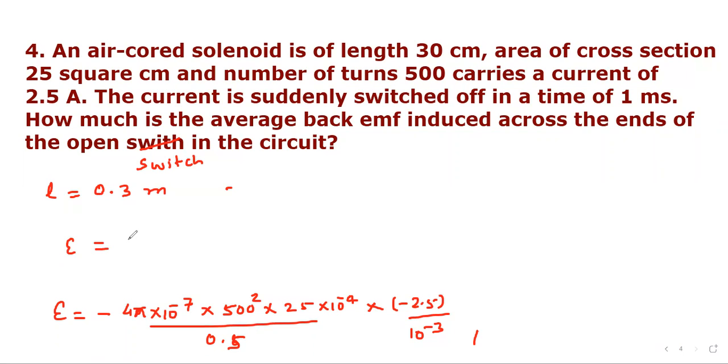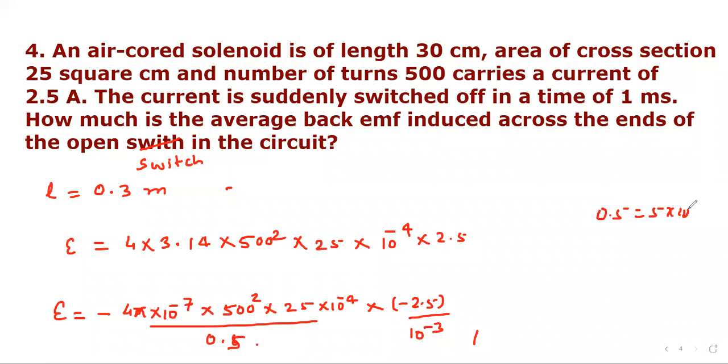So we can write 4 into 3.14 into 500 squared into 25 into 10 power minus 4 into 2.5, and this 0.5 can be written as 5 into 10 power minus 1, and this minus 3. So in denominator, it will become 10 power minus 4.